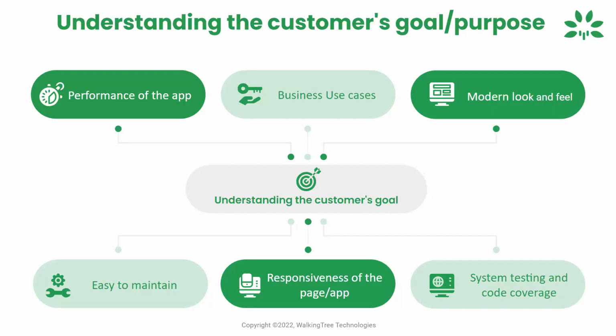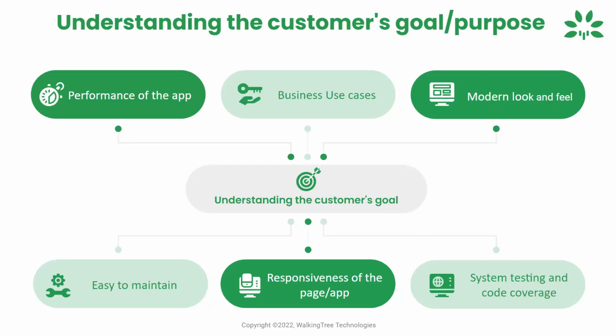As we discussed, responsiveness is one thing we need to consider, where the same code can be opened in a mobile browser, and users can seamlessly perform their daily work.